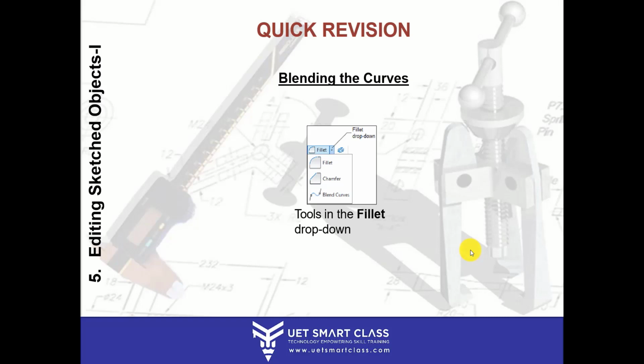So I had shown you the two lines which have a gap can be blended, two arcs can be blended, and again there were two methods, one is tangent and one is smooth. And you can also catch those vertices points and change the formation of your curve. Okay, that was all there in blending the curves.